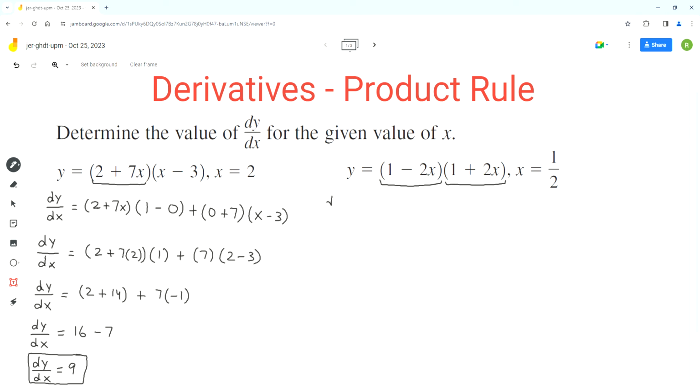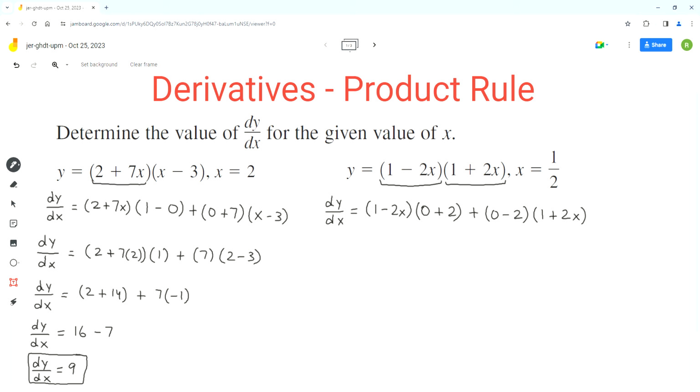As per the Leibniz notation, dy over dx will be equal to the first function, which is 1 minus 2x, times the derivative of the second function, which will be 0 plus 2, and then plus the derivative of the first function, which will be 0 minus 2, because 1 is a constant, so the derivative of 1 is equal to 0, and for 2x the derivative will be just 2 as per the power rule, then times the second function, 1 plus 2x.